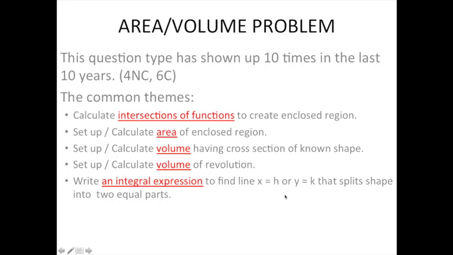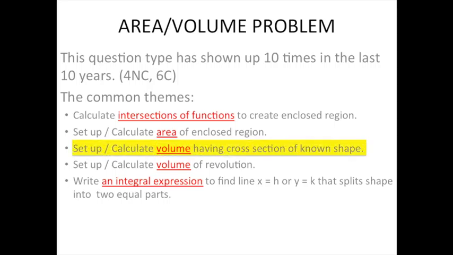Just looking at the big picture, we know that when we calculate an area, we're taking the top curve minus the bottom curve. Sometimes we have to split it into two expressions if they cross and switch assignments.